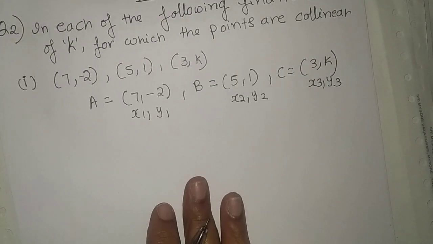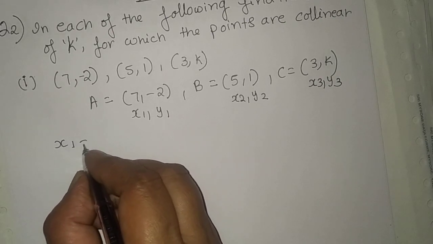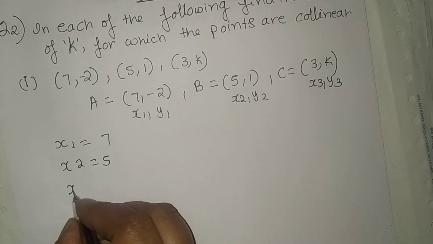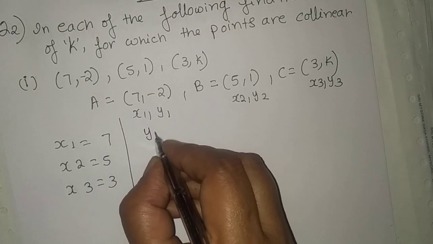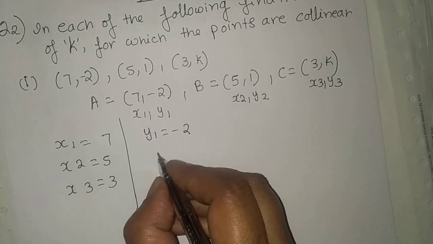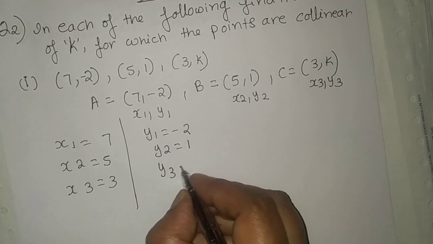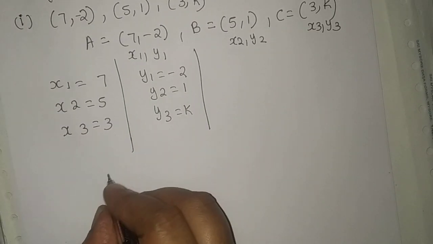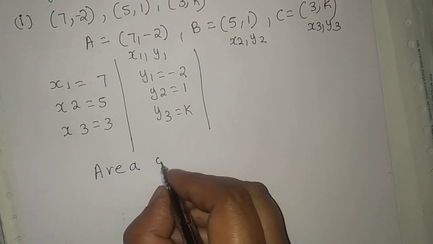So we have the formula, then we will write x1 is equal to 7, x2 is equal to 5, x3 is equal to 3. Therefore y1 is equal to -2, y2 is equal to 1 and y3 is equal to k. So now we have the formula to find the area of the triangle.